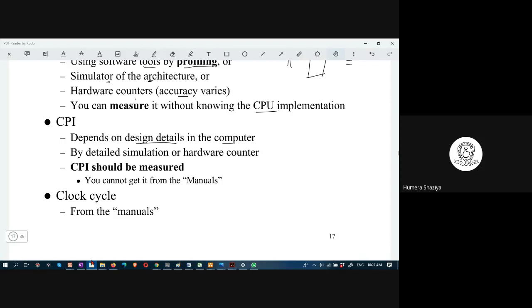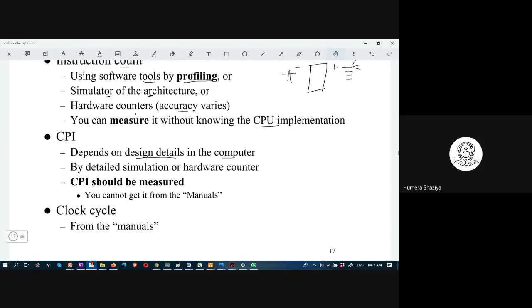By detailed simulation or hardware counter. Whatever program you write in C or Java would be converted into machine language, right? This machine language program would have a larger number of lines.